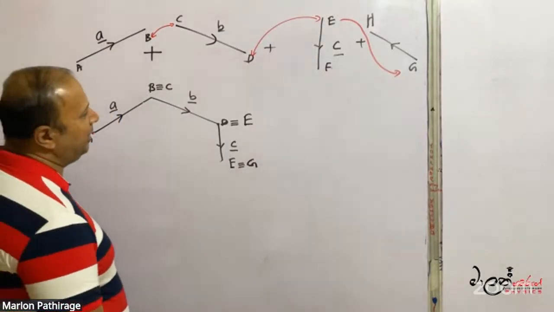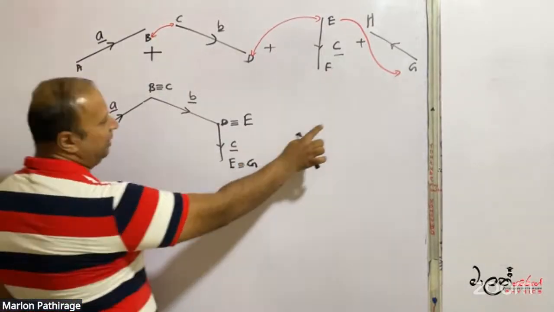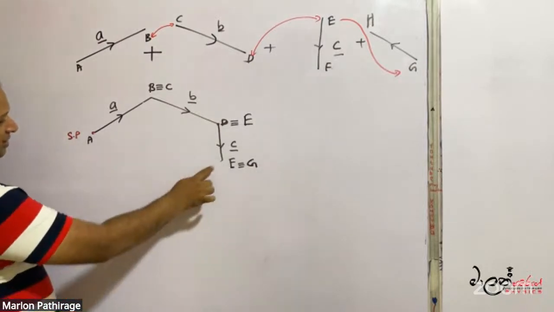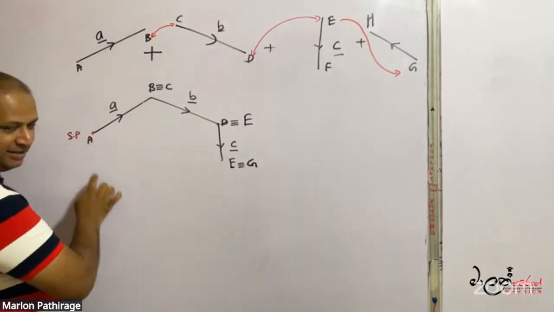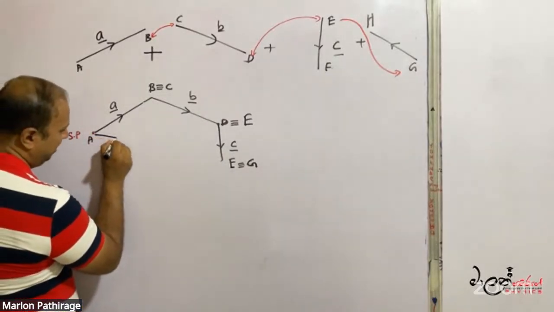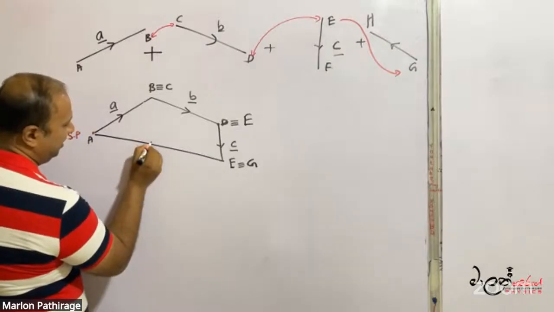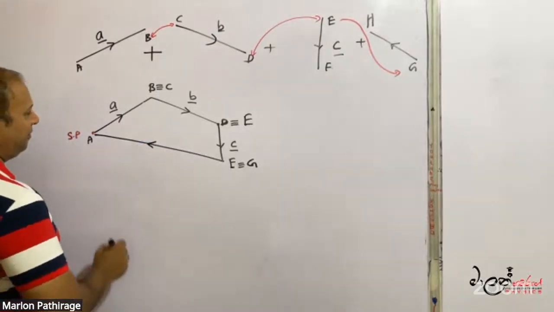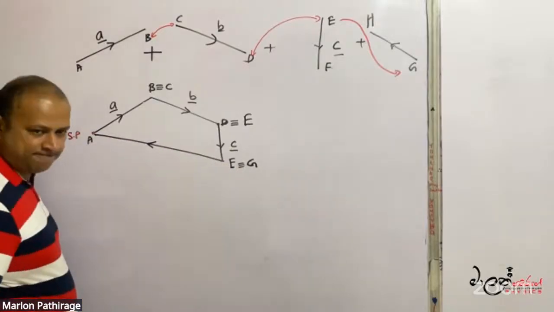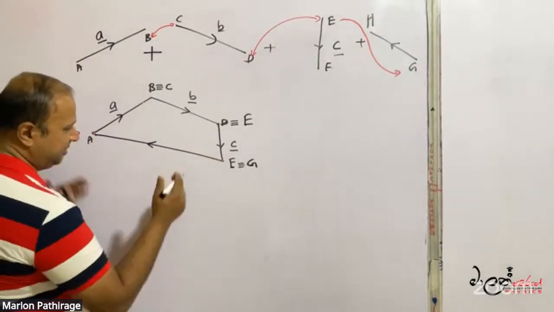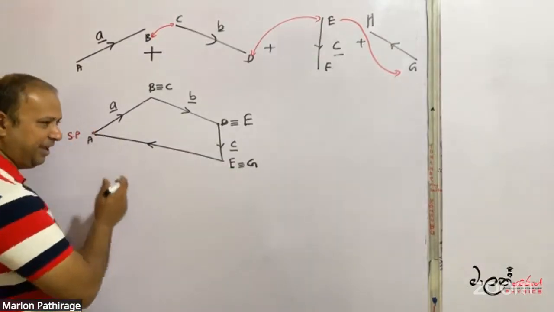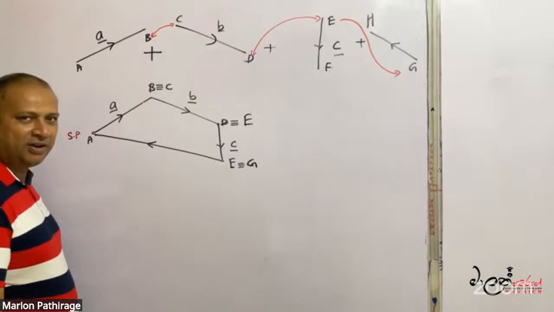Now we have to draw the GH vector. Suppose this GH vector is equal to this length and this direction. If the GH vector is equal to this length and direction, also equal to EA, then what will happen?